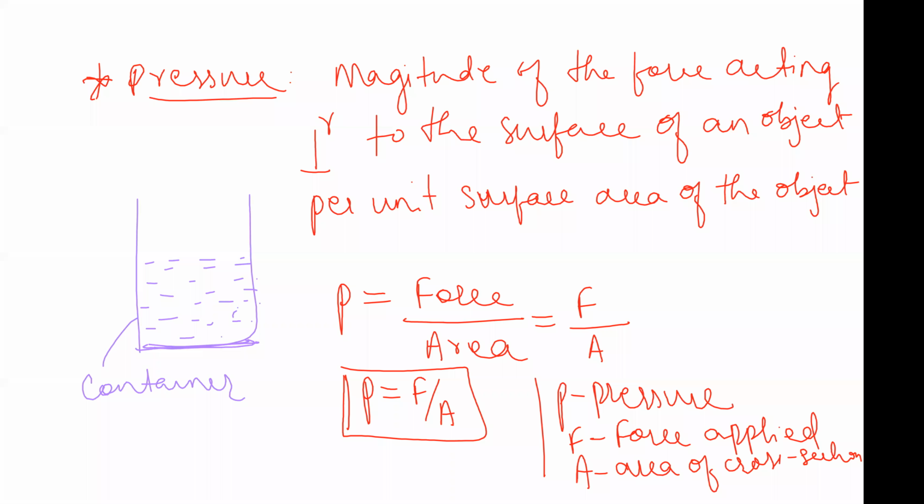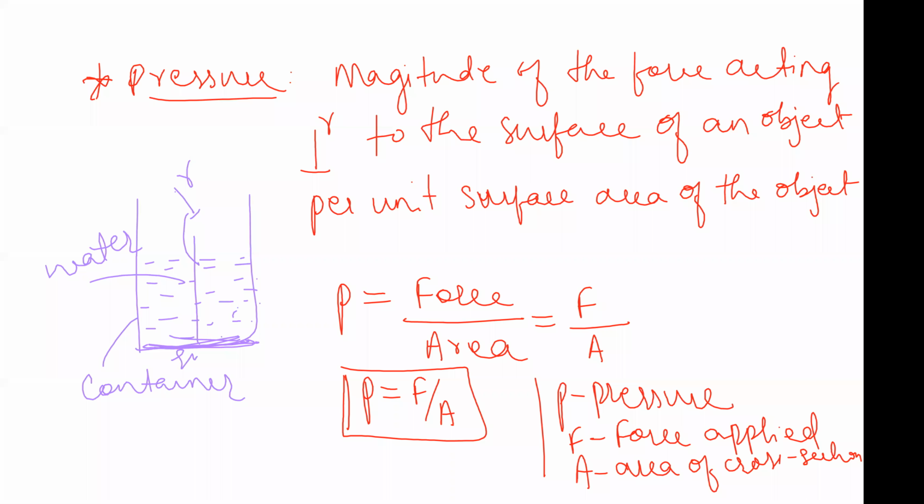So pressure is given by the formula force by area. Water exerts a force on the container. How does it apply the force? It always exerts a force perpendicular to the surface.